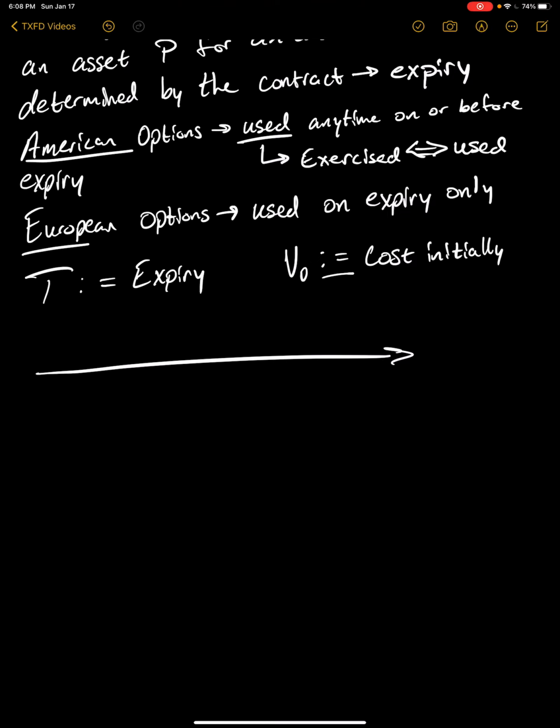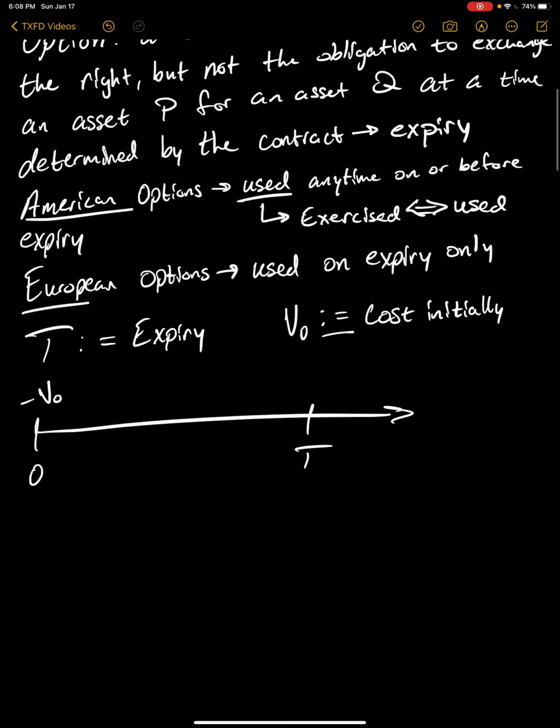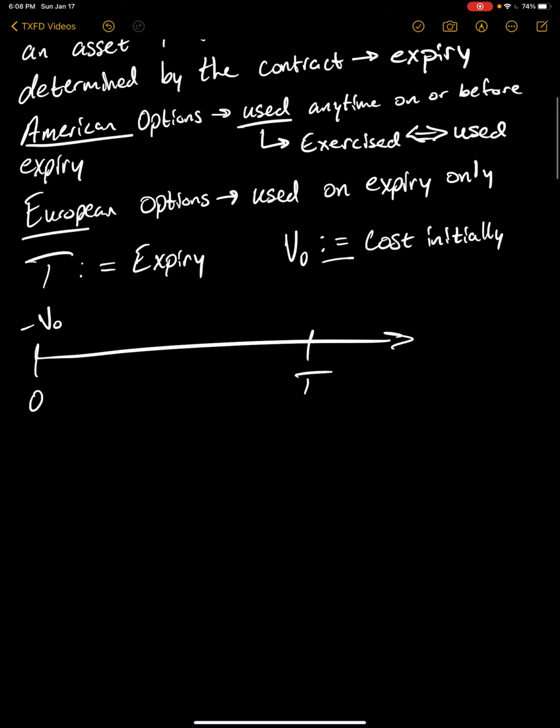So we have time 0, that's today, and time T, that's expiry. At time 0, we pay the initial cost. It comes out of our pocket. And then at time T, we get payoff.